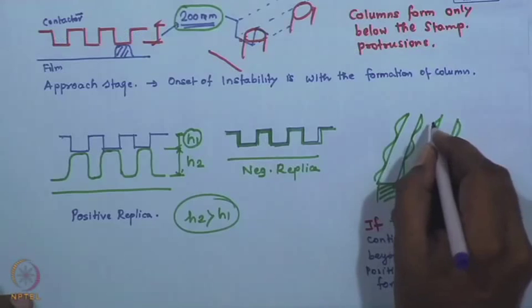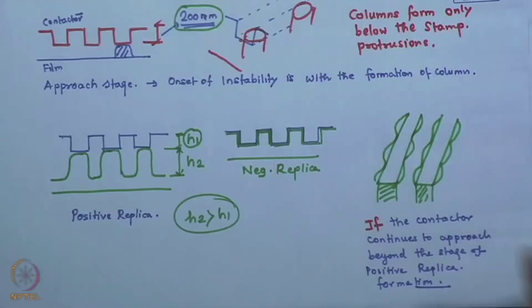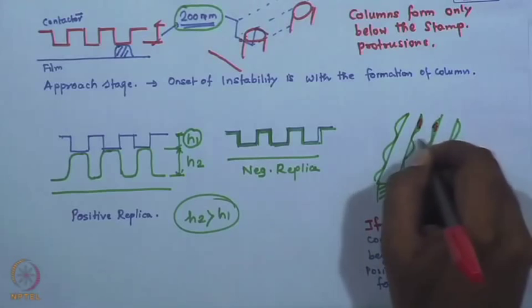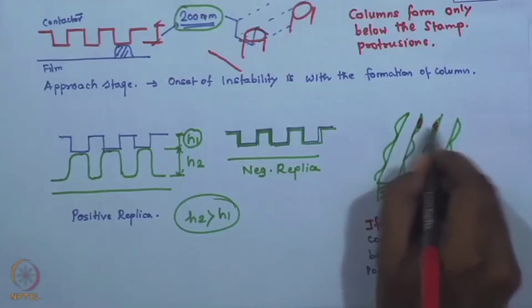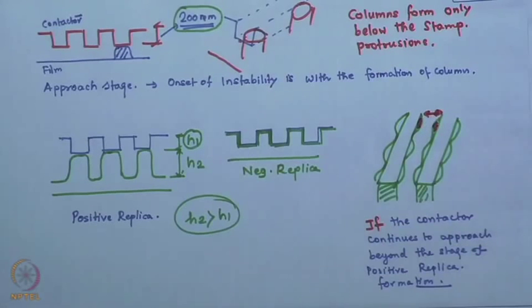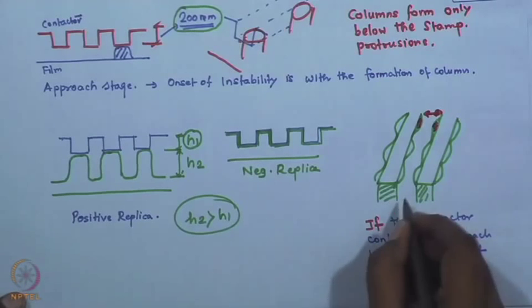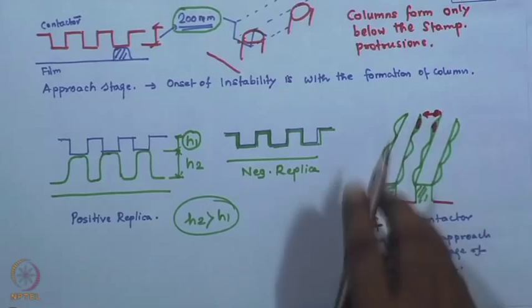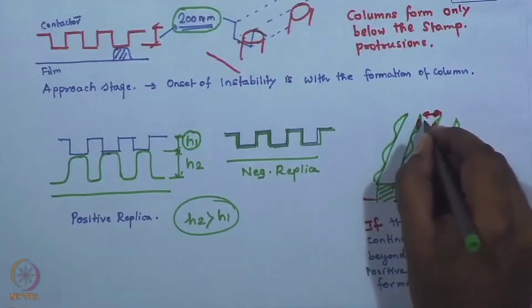Now the additional thing that arises is that these two bulged portions from adjacent ridges start interacting with each other. The intersurface attractive van der Waals interaction now sets in between these two bulged portions. The film, which is a positive replica, has formed, and now there is an intersurface attractive interaction. This results in bridging of these bulged portions, forming a bridge like this.